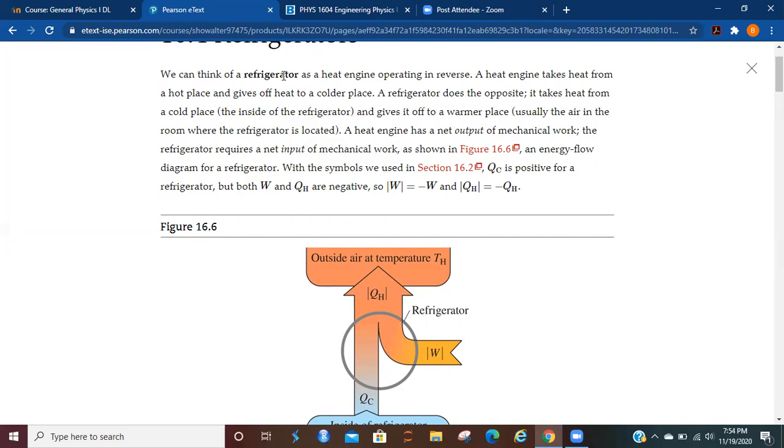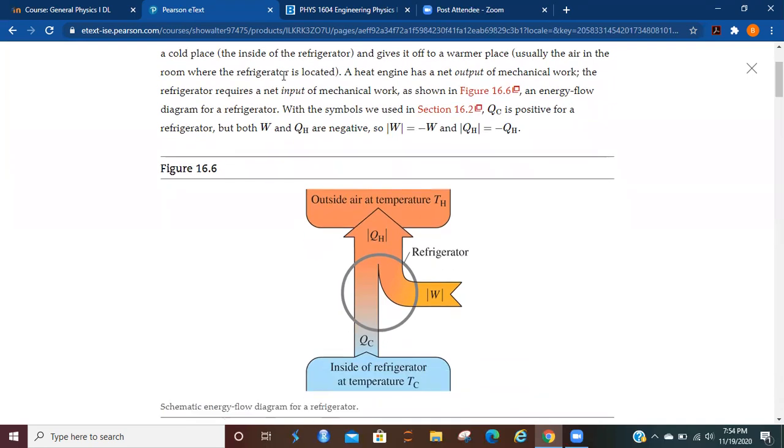A heat engine takes heat from a hot place and gives it off in a colder place. Refrigerators are going to do the reverse. It takes heat from a cold place inside the refrigerator, because we want to keep things cold, and gives it off to a warmer place, usually the air in the room where the refrigerator is located. So a heat engine has a net output of mechanical work, and a refrigerator requires a net input of mechanical work.